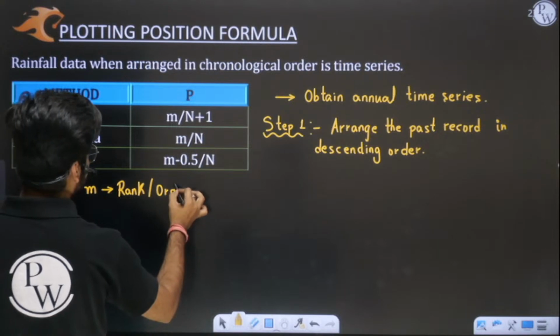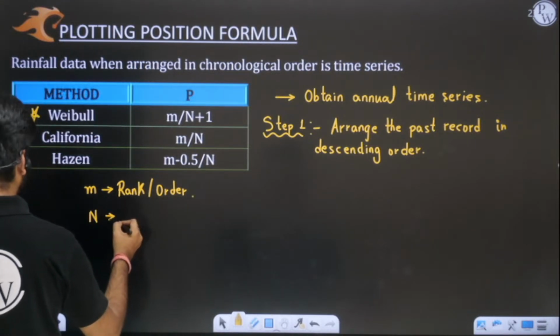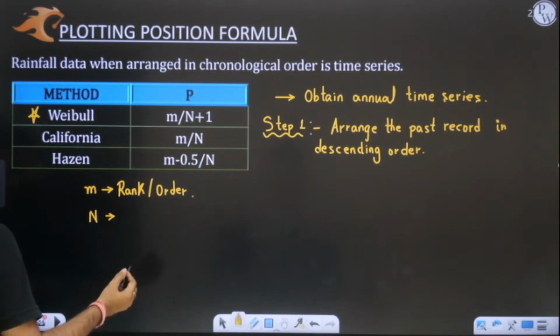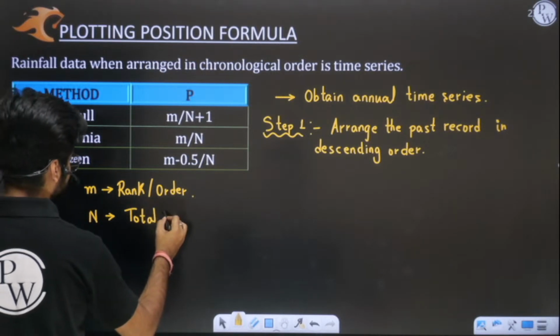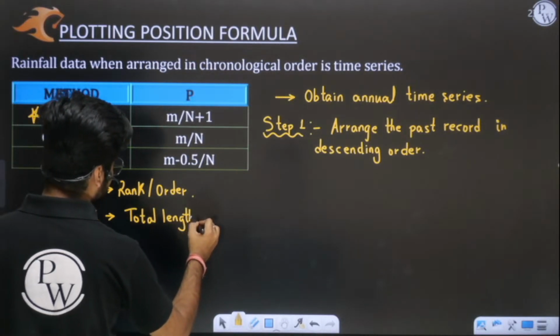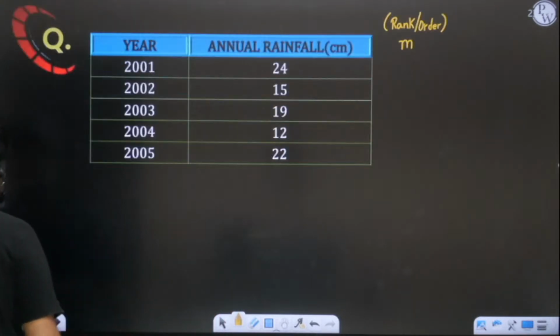The highest value will have the best rank or the first order, and n is number of years or how much data you have. n is total record length. So the very first column which we have drawn is m.